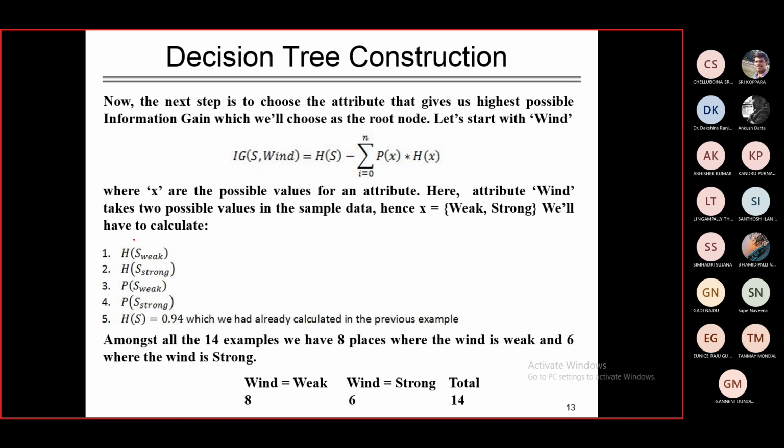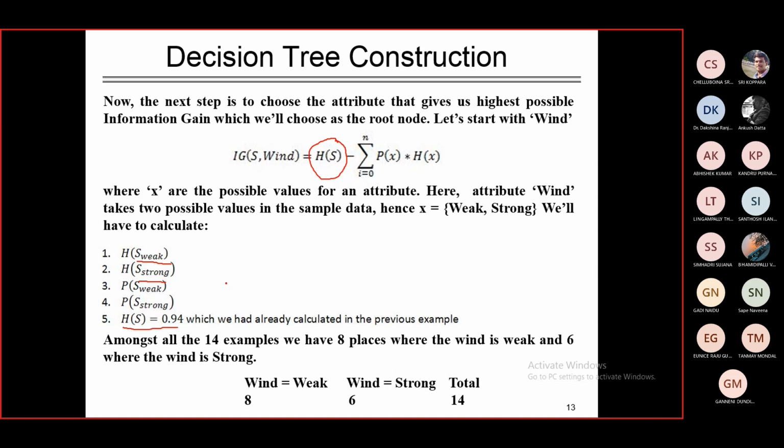Now we have to calculate the entropy of weak, the entropy of strong, then the probability of weak and the probability of strong, and this is the entropy which has been calculated on the entire data set. So this is already calculated. We have computed H(S), and now we have to calculate this P(x) times H(x), for n possible values, where n is the number of possible values for an attribute.